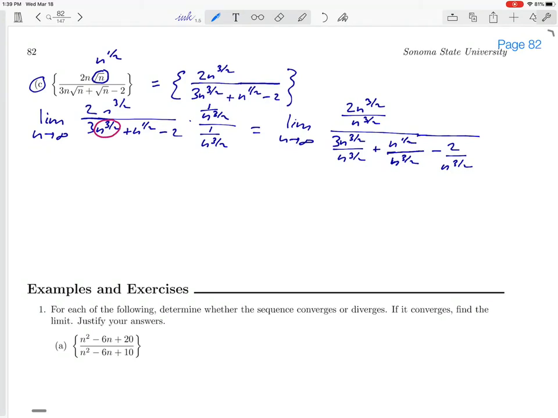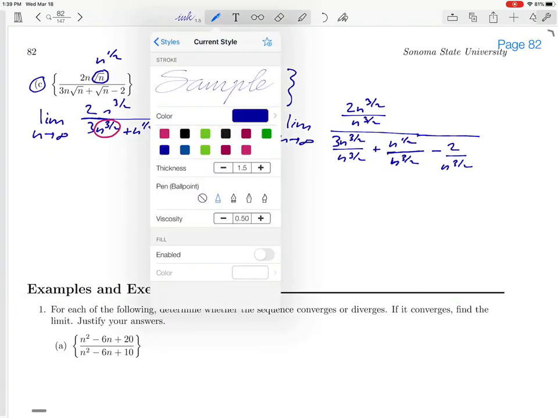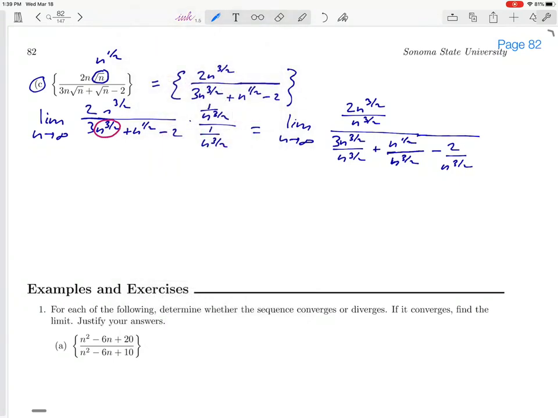You might look at this and say, this is not looking good. This looks a lot more complicated than what we started with, but again, we're hoping that some nice things are going to happen when we cancel. For example, notice that there are some n to the 3/2 that cancel out for us, once in the numerator and once in the denominator.